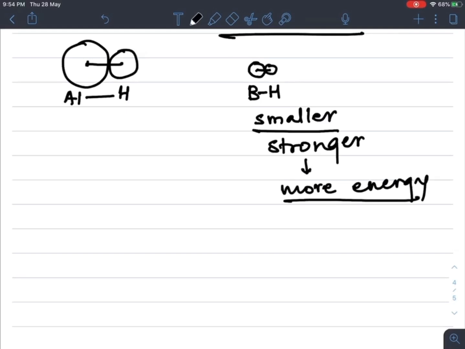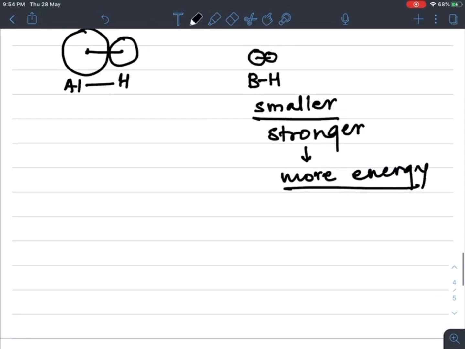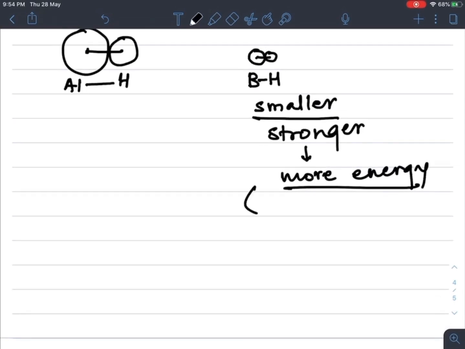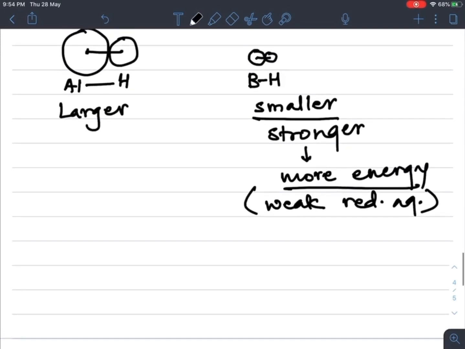That's why NaBH4 is a weak reducing agent. It does not supply hydrogen easily, so it is a weak reducing agent as compared to LiAlH4. The AlH bond length is larger as compared to BH. The larger the bond length, the weaker the bond and it breaks easily.